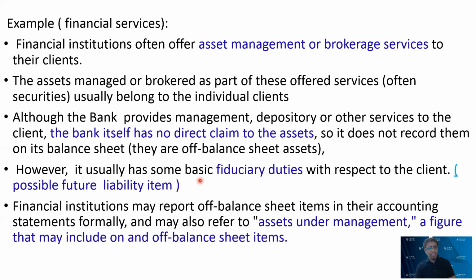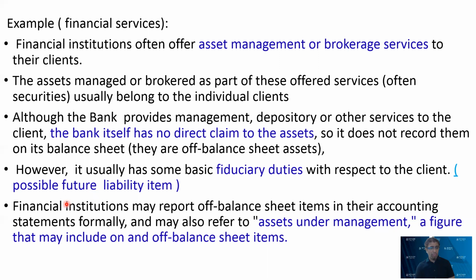However, it usually has some basic fiduciary duties with respect to the client, which means it can create a possible future liability, if the client, of course, can prove that there is a lack of due diligence when they run those assets or provide those services.